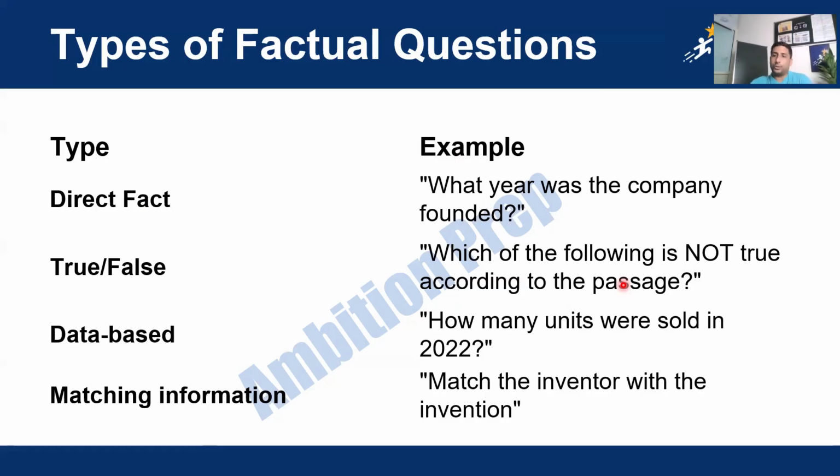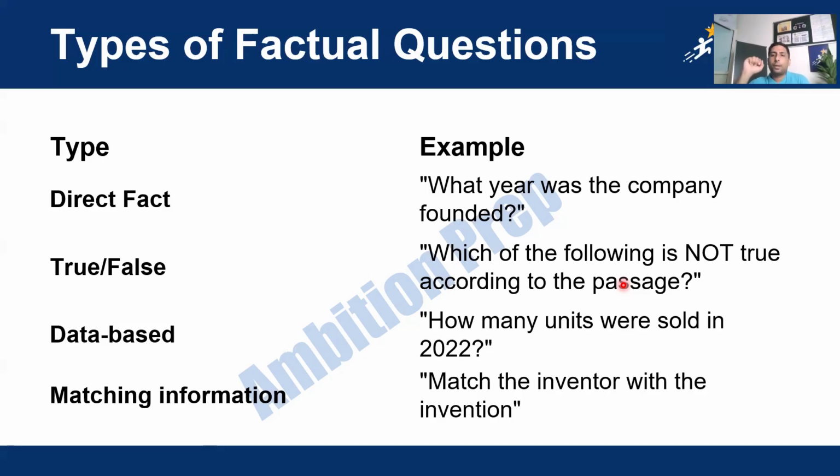What if you are able to find the right content? It will be true. What if the question and the passage contain contradictory information? It will be false.